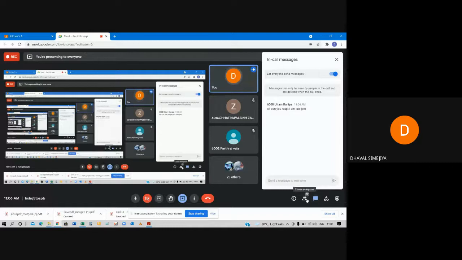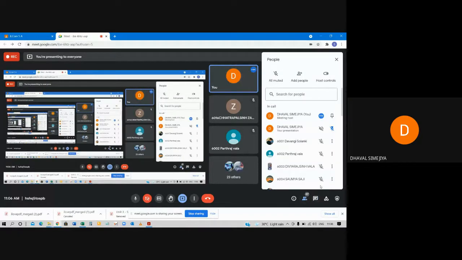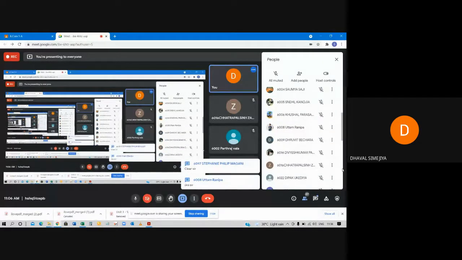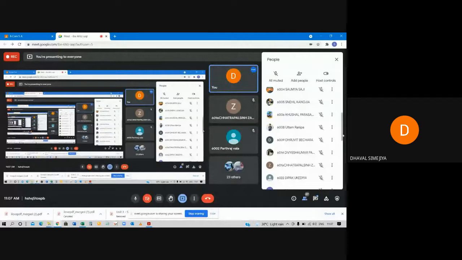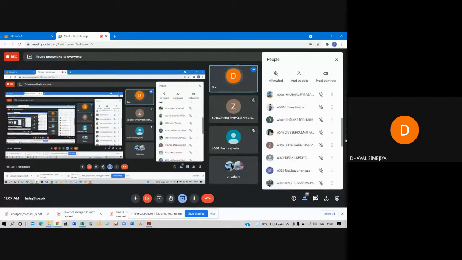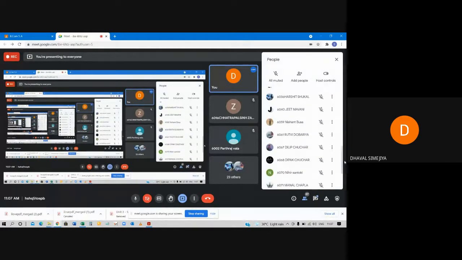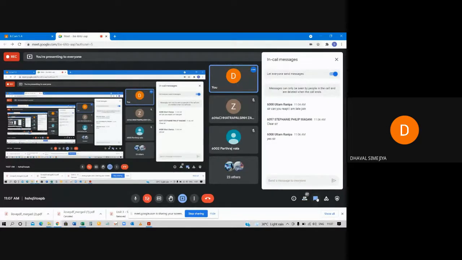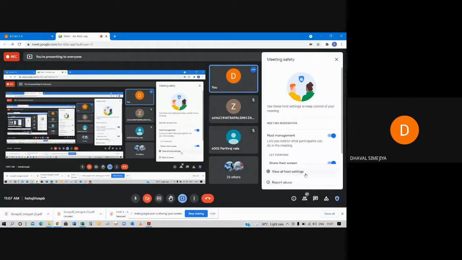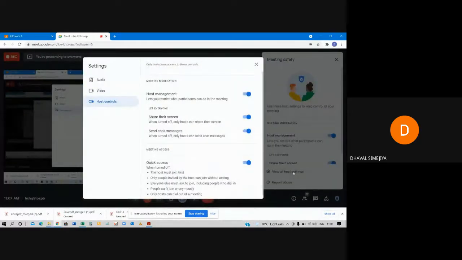Chalo, where are you guys? Uttam, is it clear? And rest of the students? Deepak, Dilip, Devangi, Soumya, Krish. Is it clear or not? Chalo.